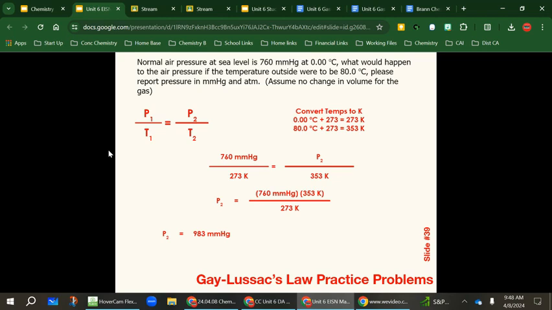That's one of the two answers that you are supposed to give, because the other one asks for what? ATM. So now you take that 983 and convert it into ATMs by putting one ATM over 760, and you get 1.29 ATMs. It is very possible on a test that I will have you do the problem and ask you to solve it for a different unit.